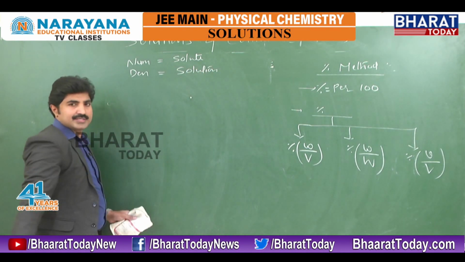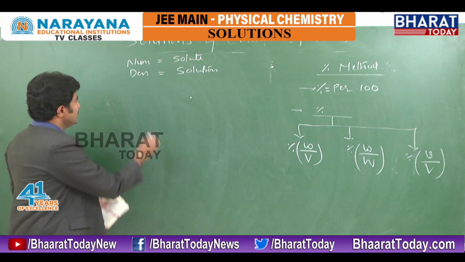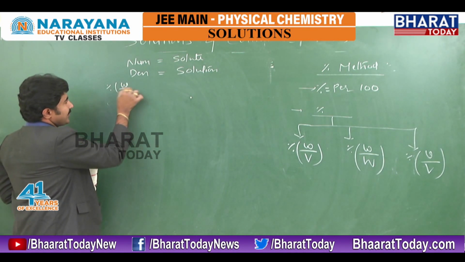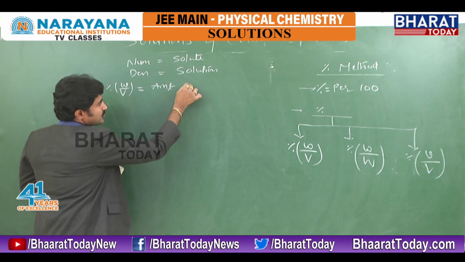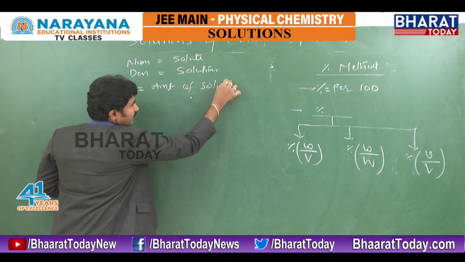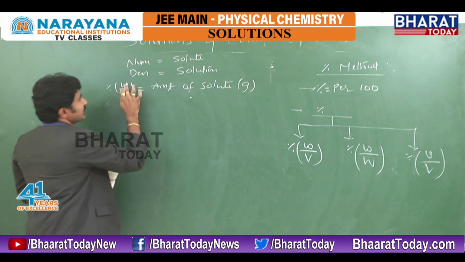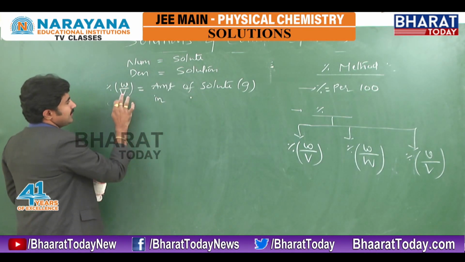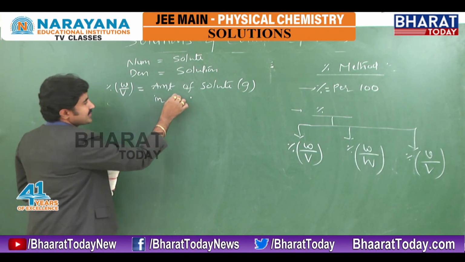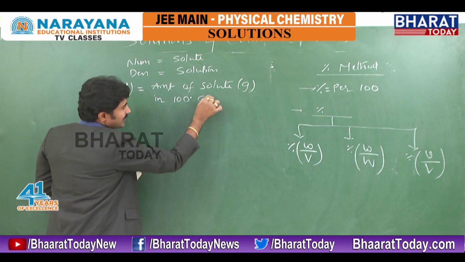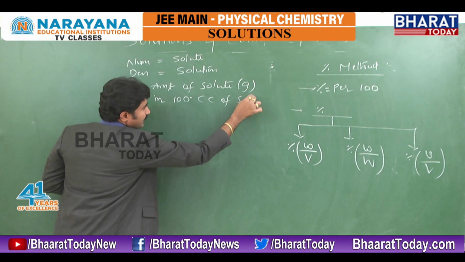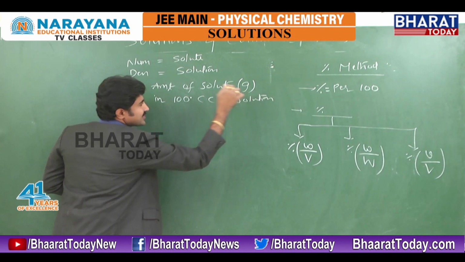Based on this, we can understand these definitions. See percentage weight by volume: it is the amount of solute in grams present in a denominator of volume. Percentage means per 100, so it is in 100 cc of solution.